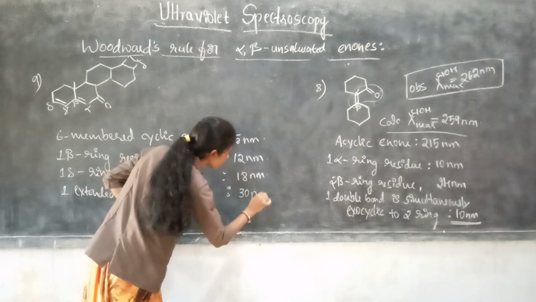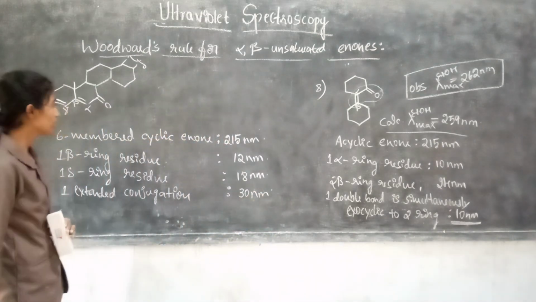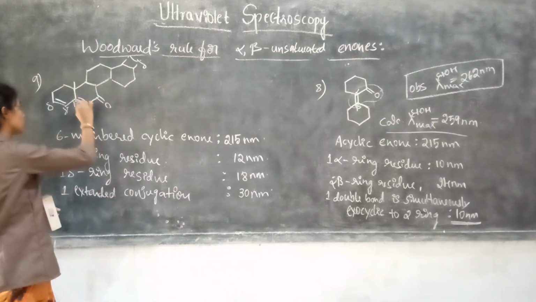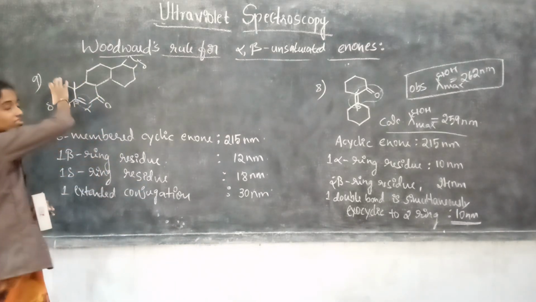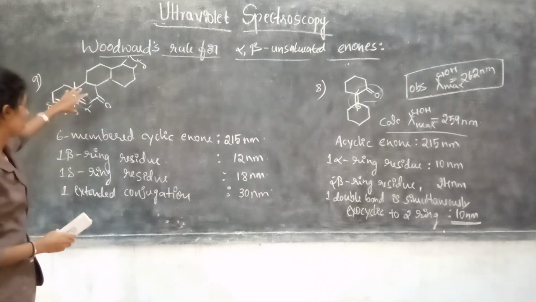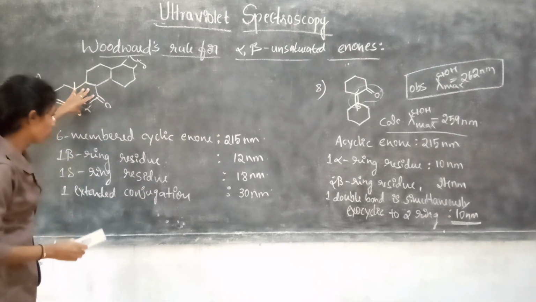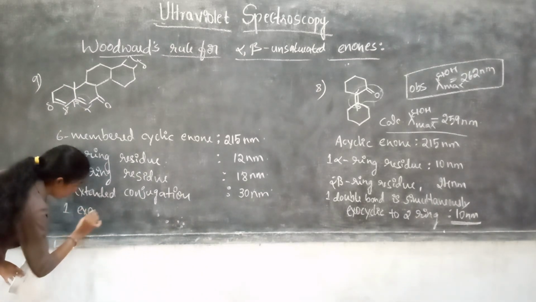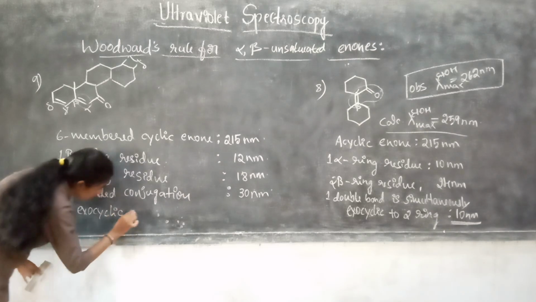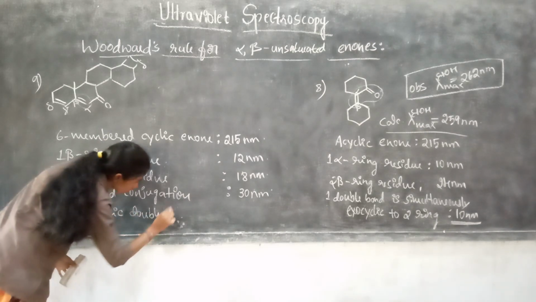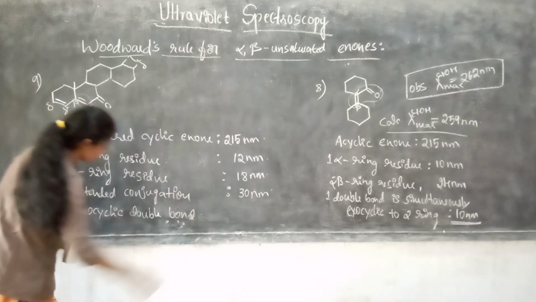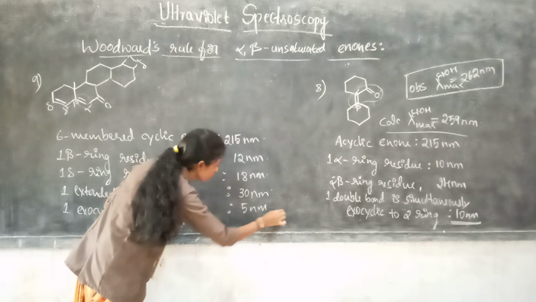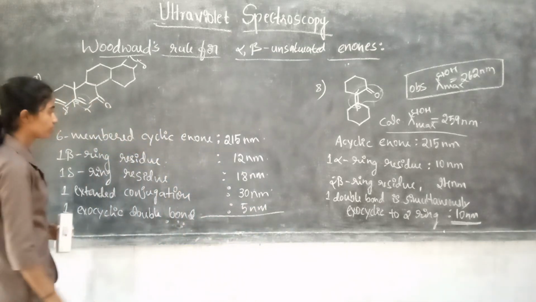One double bond is exocyclic to this 6-member ring system. We have one exocyclic double bond, so there will be an addition of 5 nanometer.